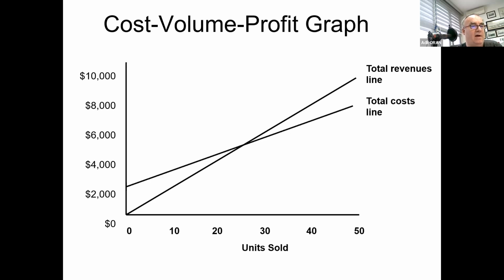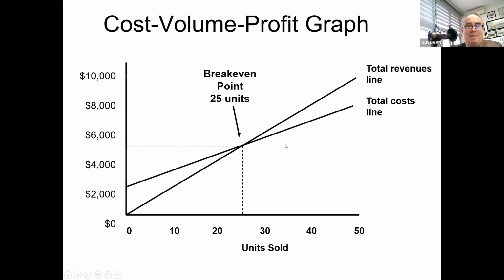And on top of that, we have our total cost line. So this is your total cost. And over here, this distance at the intersection is your fixed cost, 2,000.